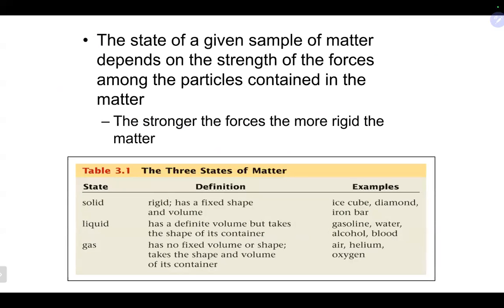So here, again, is some of the stuff that we talked about in terms of definitions of solid, liquid, and gas, and some examples. The ultimate thing that determines a lot of times what state a substance is in is a type of force that we will talk about in a later chapter as well, which is referred to as an intermolecular force.